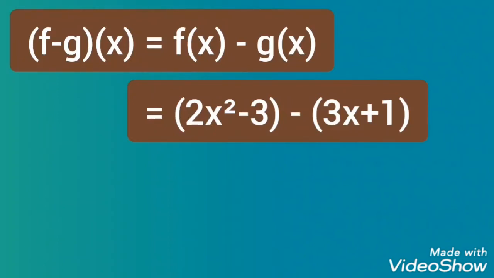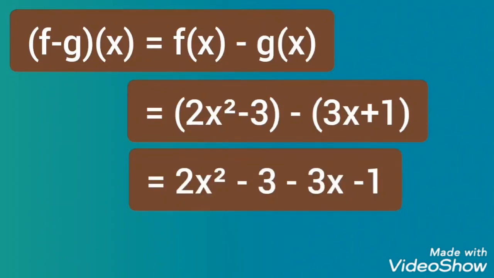So that will become 2x squared minus 3. And then since we have here the negative sign, we're going to multiply the negative sign to the numbers inside the parentheses. So negative times 3x will become negative 3x, and then negative times positive 1 will become negative 1.